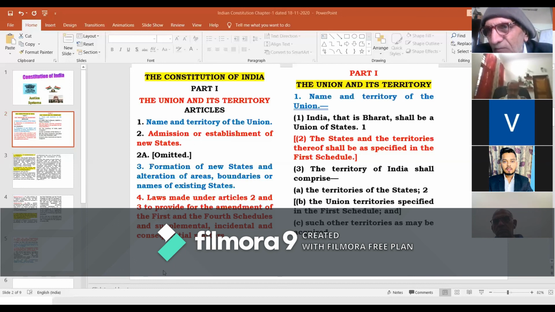Have a map of India on 15th August 1947, then compare it with the map of India on 26th of January 1950, and then visit it as it is today and see how this map is continuously being reshaped as per the specifications, as per the changes in the first schedule.